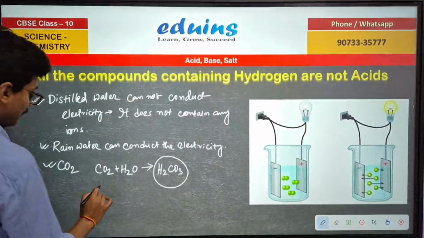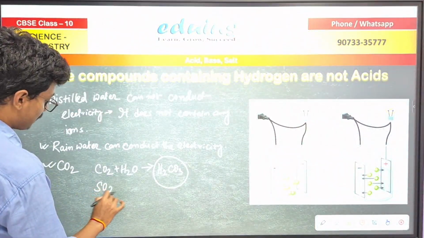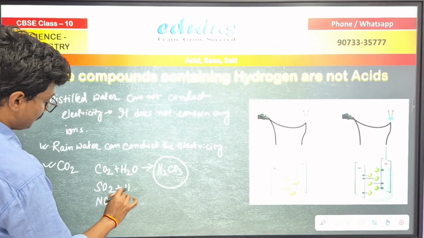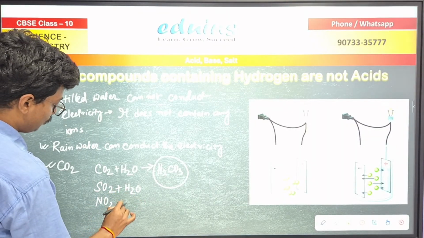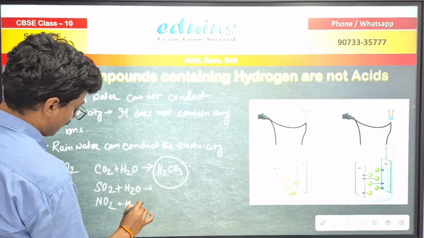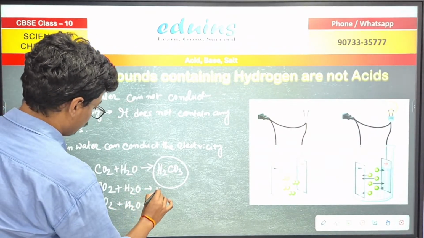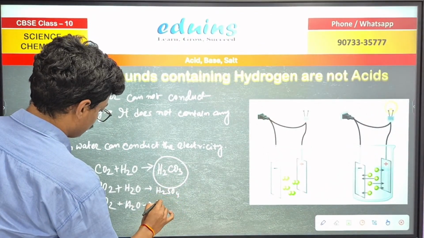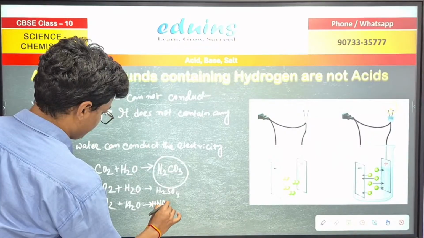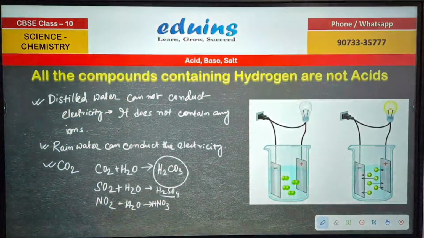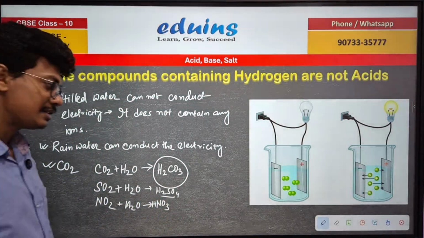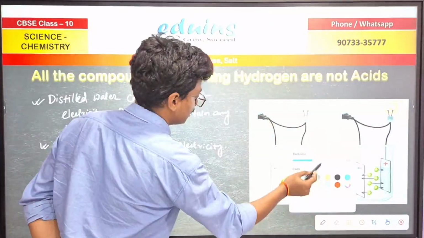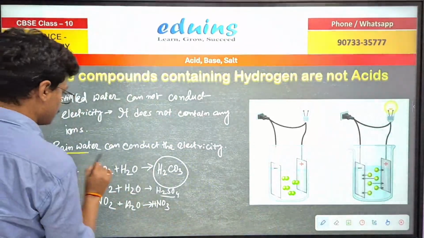Besides that, there is also sulfur dioxide and nitrogen oxides. They also react with the water and produce H2SO4 and HNO3, your sulfuric acid and nitric acid. Okay, so that's why the rainwater can conduct the electricity.